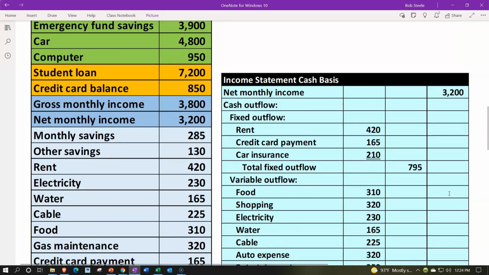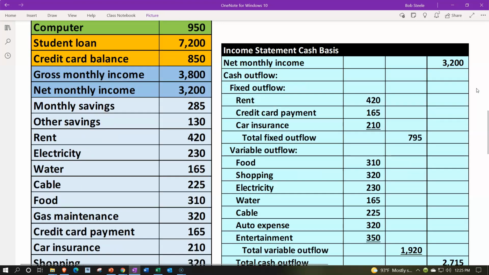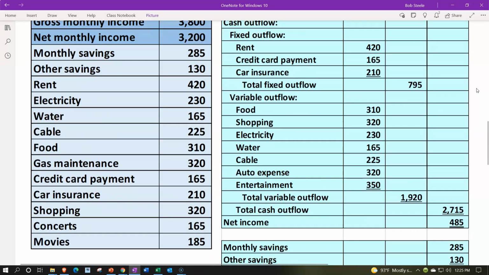Income statement on a cash flow basis looks like this, which we picked up from the information on the left-hand side, showing the income, the inflows, minus the outflows, noting that the inflows usually in categories are fewer than the outflows in terms of categories, but hopefully more in total dollar amounts, as we focus on one particular thing in order to generate money and pay for everything else we're going to need for our life, right?